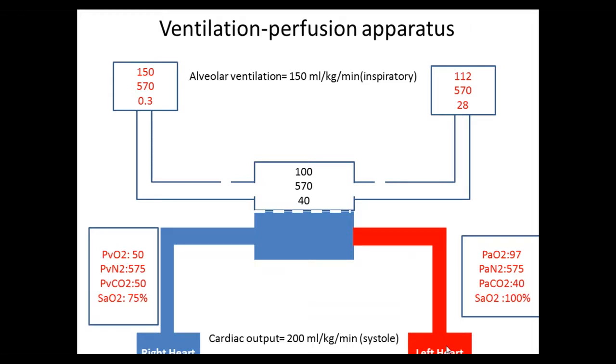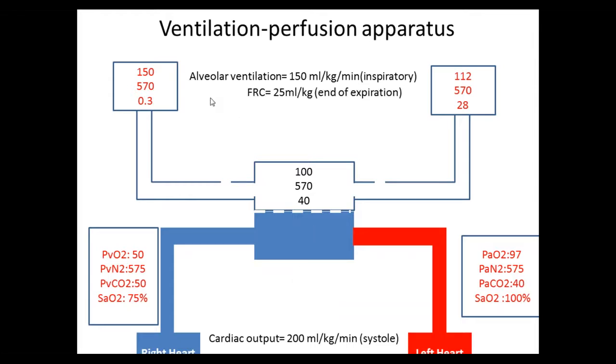If you multiply that by heart rate, you will get the cardiac output, which is around 200 ml per kg per minute. So the ratio between the ventilation, 150 ml per kg per minute, to the blood flow or cardiac output, which is 200 ml per kg per minute, is around 0.8, which is a normal VQ match between perfusion and ventilation.